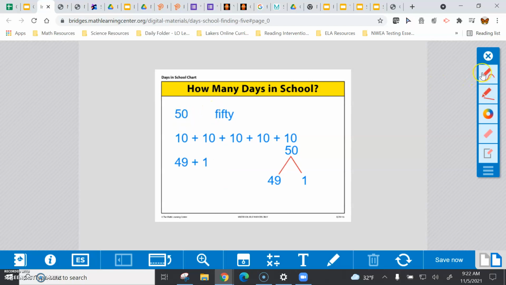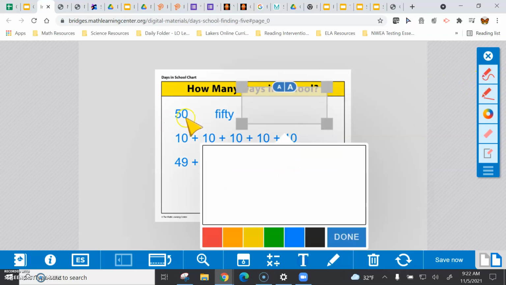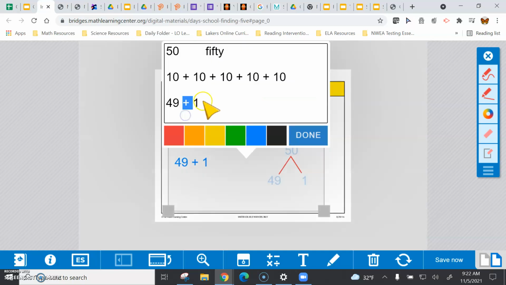What we are going to do then is change the information that we see on our chart. We now have 51 days in school, and now I'm going to add 51, the number word, 51.